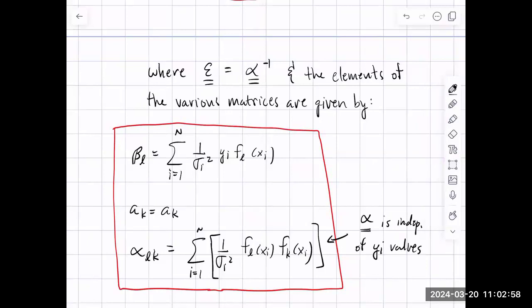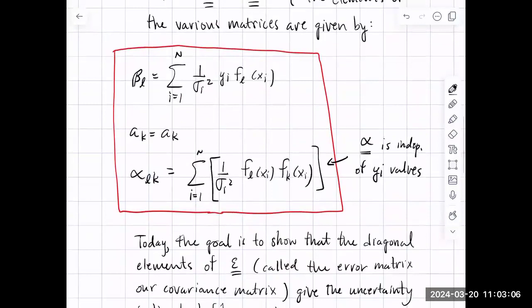Because epsilon is just the inverse of alpha, it will also be independent of yi.